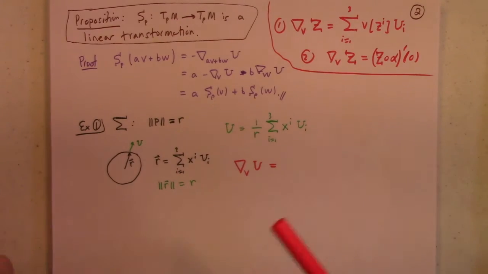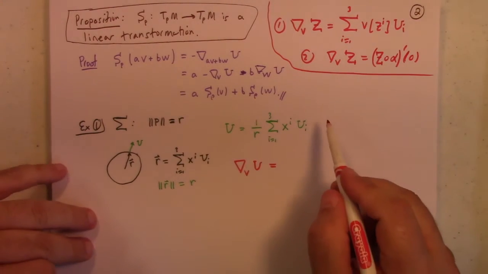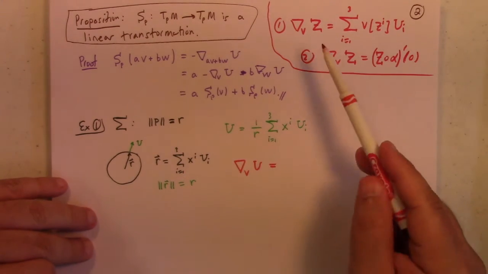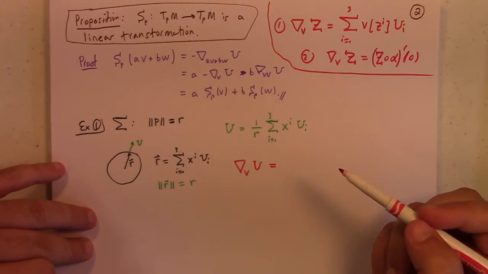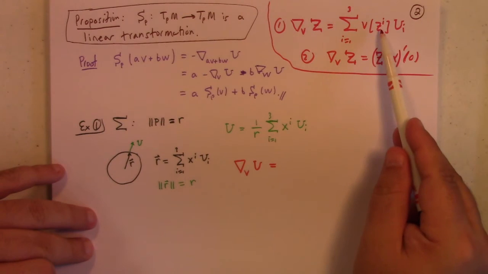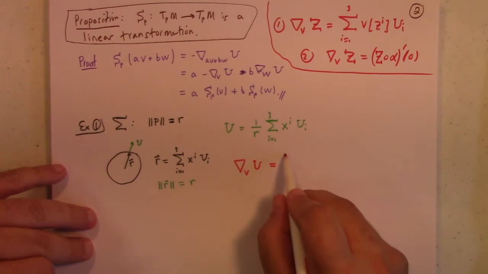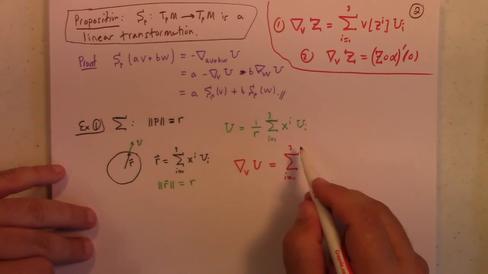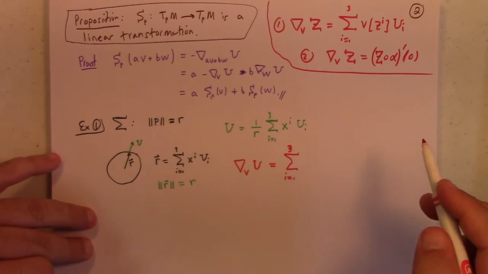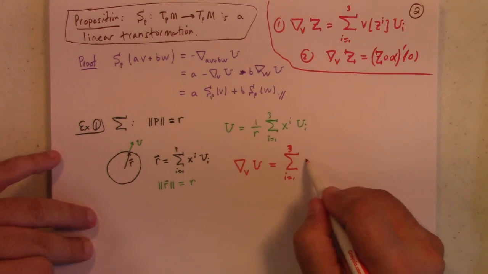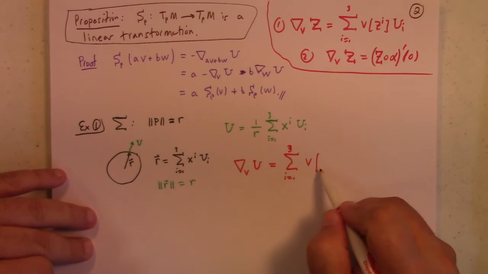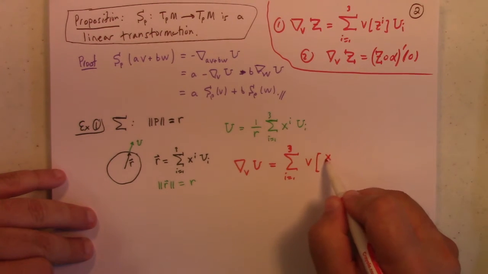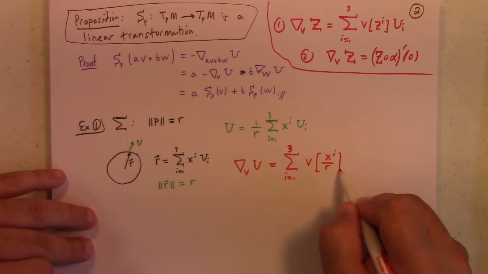So what we do here, in this case, the unit normal is playing the role of z here, and the component function, so this is going to be the sum from i equals 1 to 3 of what? Well, let's see here. We have v acting on what? Well, the zi, xi over r, is a constant, right?